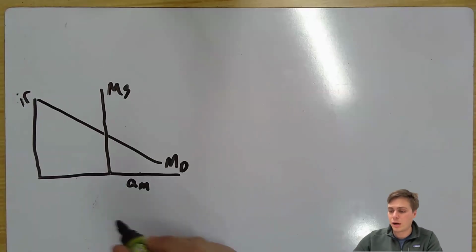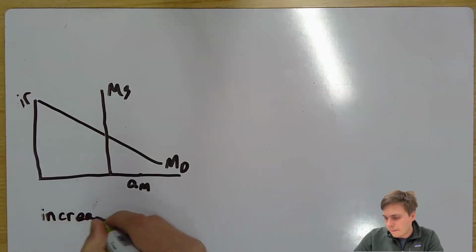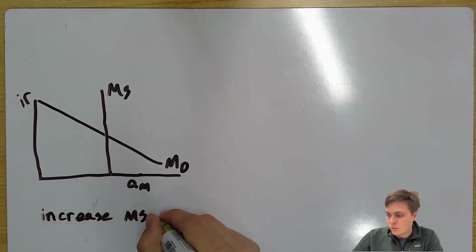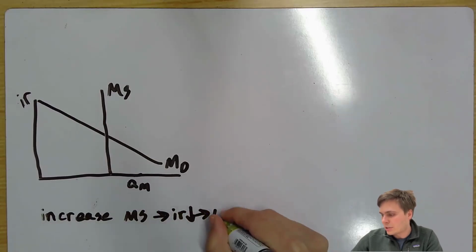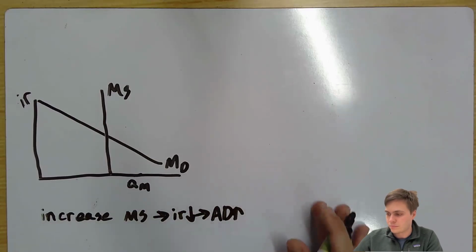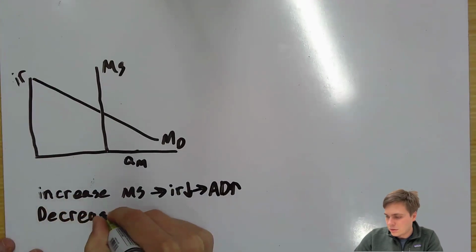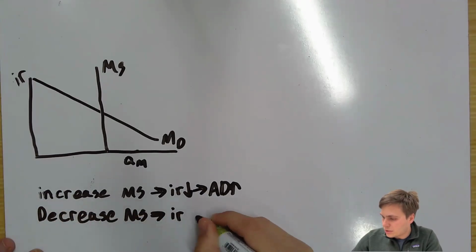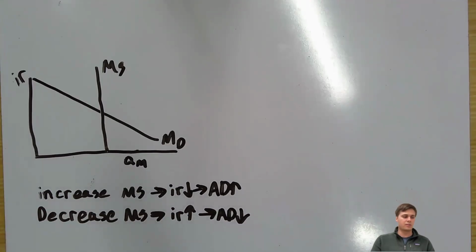And really, what they're trying to do is either increase the money supply, which would lead to interest rates lowering and thus aggregate demand going up. And the opposite, a decrease in the money supply, would lead to interest rates going up and thus aggregate demand dropping. Okay. So that is the principle of it.